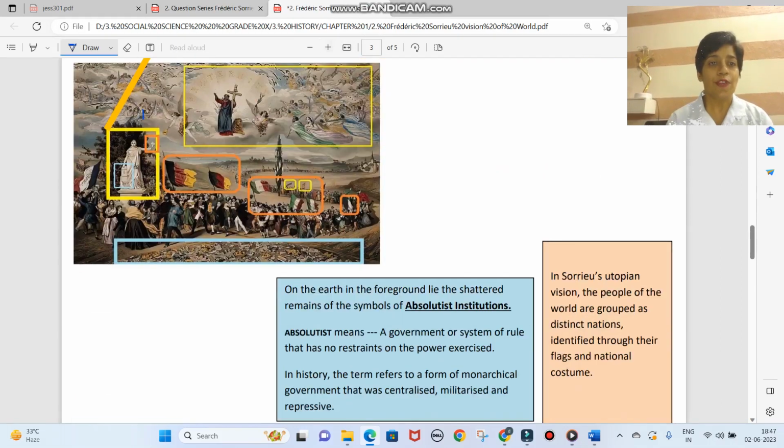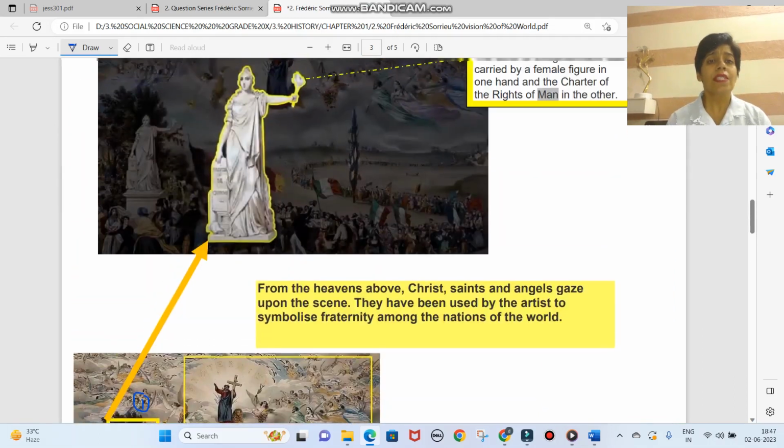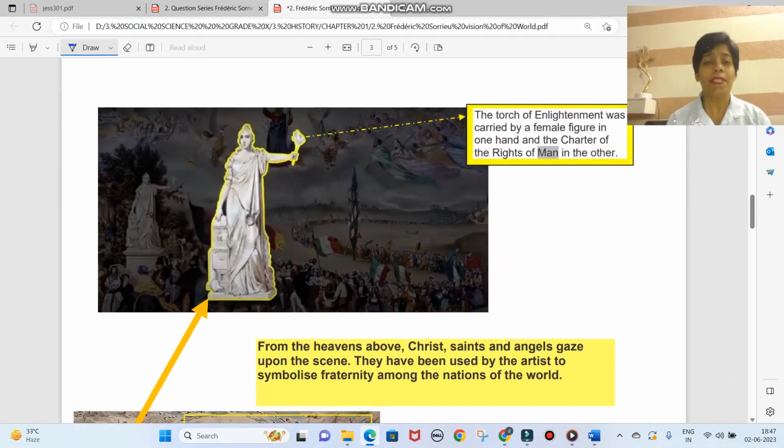Here the first figure in the print which you can see is a lady in white color. This lady is actually representing the Statue of Liberty. They were very much influenced by the Americans, because at that point of time America was able to achieve the status of a nation.